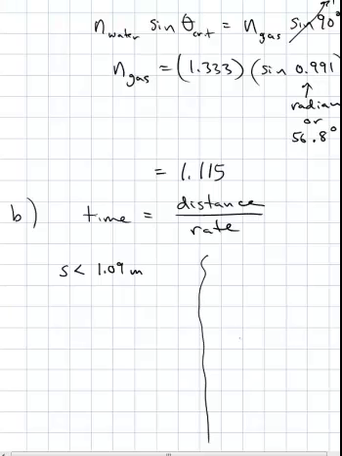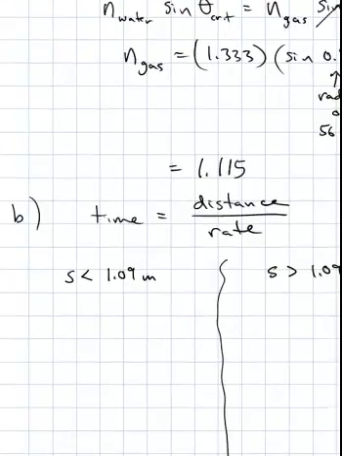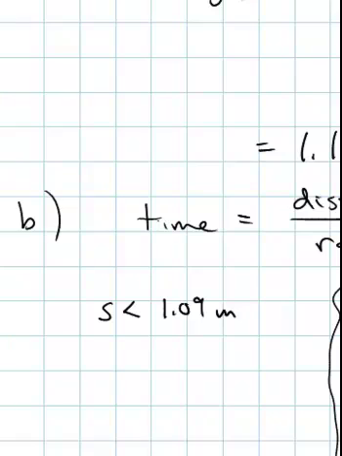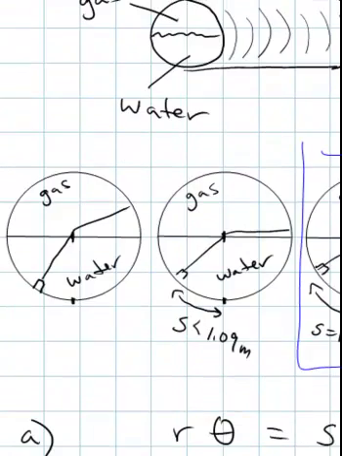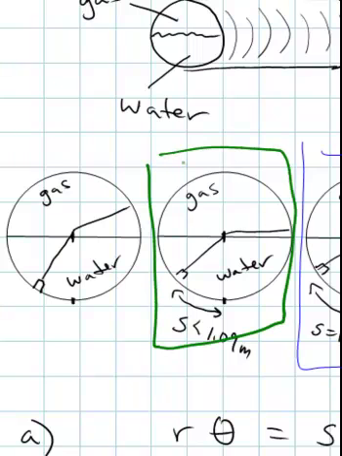And in the second case, S is greater than 1.09 meters. When S is less than 1.09 meters, part of the distance, that's this green case here, is in water and part of it is in the gas. So half the distance is in water, half the distance is in the gas.